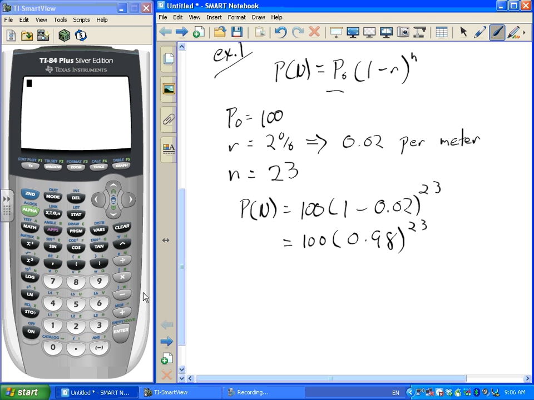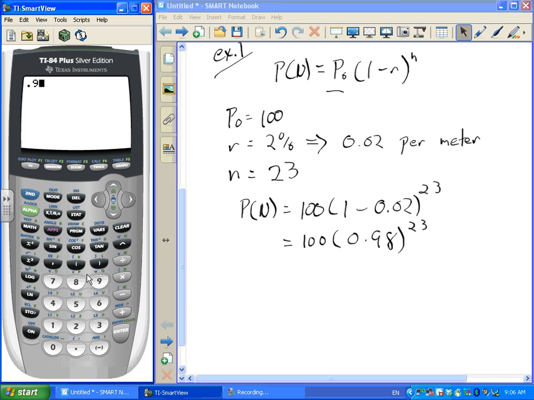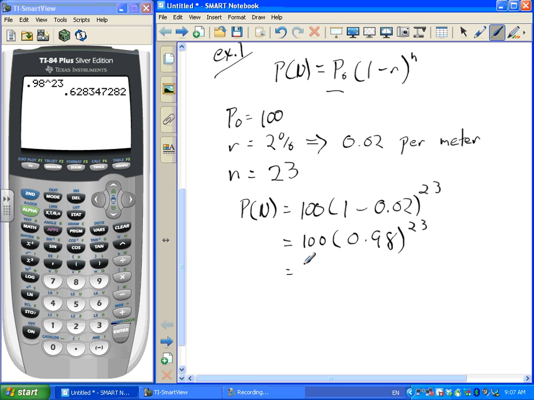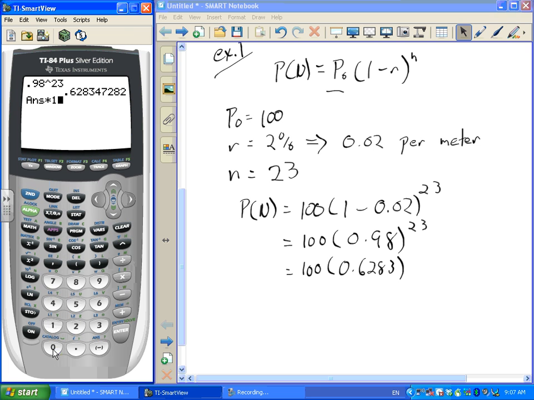So next thing we're going to do is the exponent. 0.98 to the power of 23 equals 0.6283, and so on. I'm just going to take the answer from above to keep it more accurate. I need to multiply that by 100.